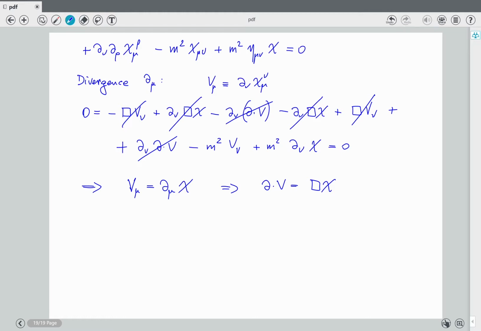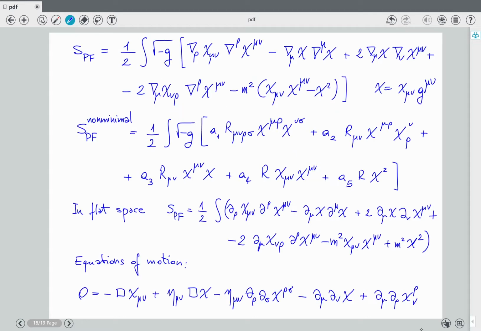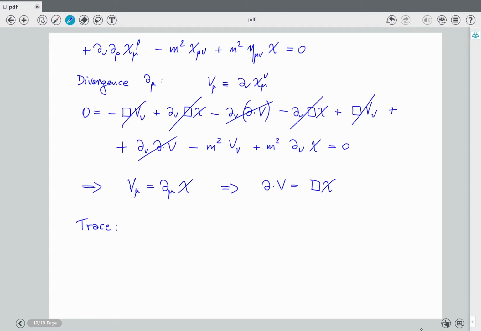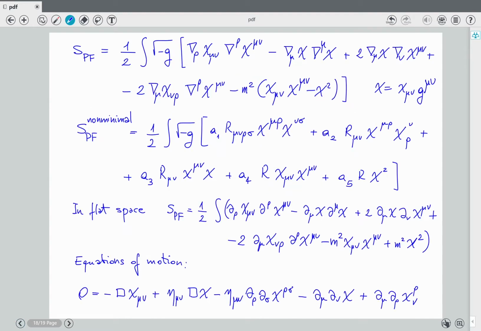Now let's take the trace of the equations. So 0 is equal to what?